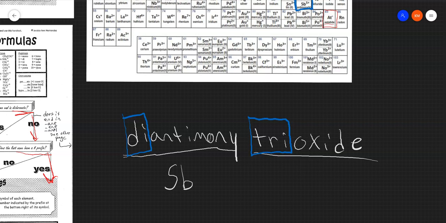So we have antimony, SB. This is oxide, so I know that symbol is O. Okay, so I wrote my two symbols, and then I look to my prefixes to see if I have any subscripts. This one has 2. This one has 3. So SB2O3. That is your chemical formula for this name.